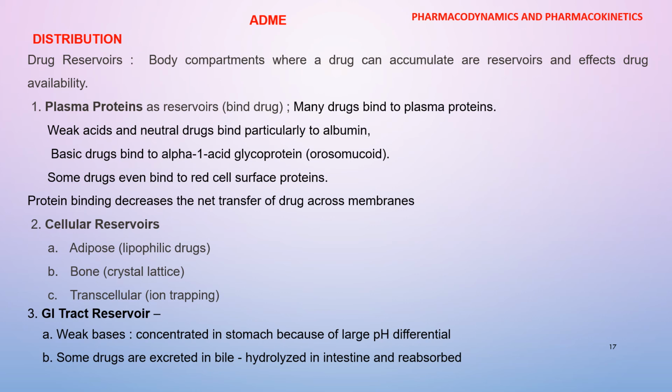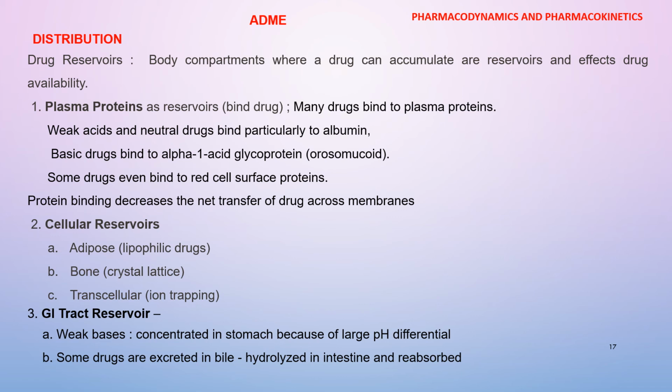Some drugs bind to the plasma proteins, for example, weak acids to albumin, basic drugs to alpha-1 acid glycoprotein, some to the lipoprotein, and also some to the RBC components. Molecules which bind to these plasma proteins fail to pass through the capillary membrane due to their larger molecular size.